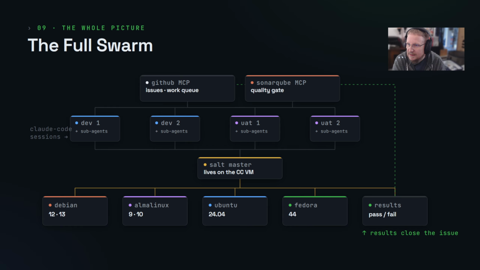Moving on a little bit here. And this is the whole thing on one slide. Two MCP servers at the top: GitHub for the project work, right? SonarQube keeps our code quality high, watches for security issues, keeps our duplication to a minimum, and I even try to keep cognitive complexity down to a minimum.